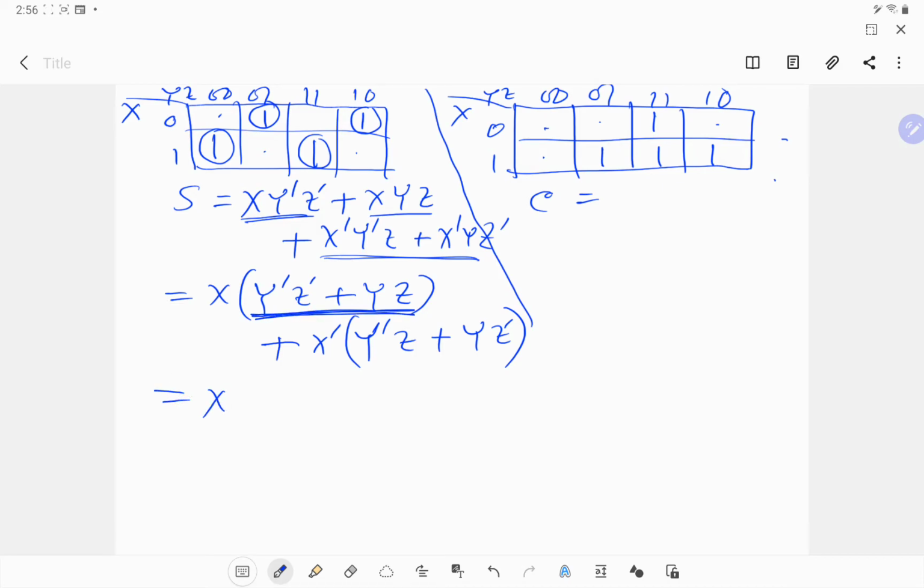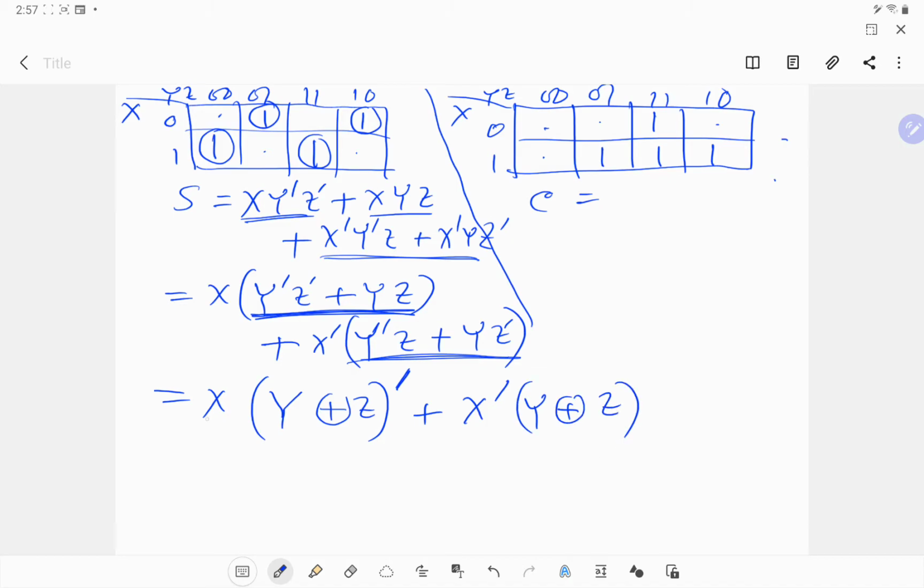So this is actually an exclusive NOR of y and z, then plus x' times the exclusive OR of y and z.